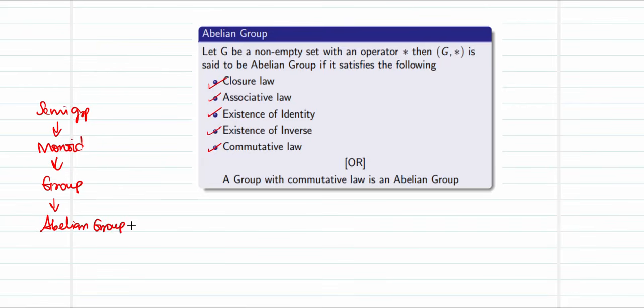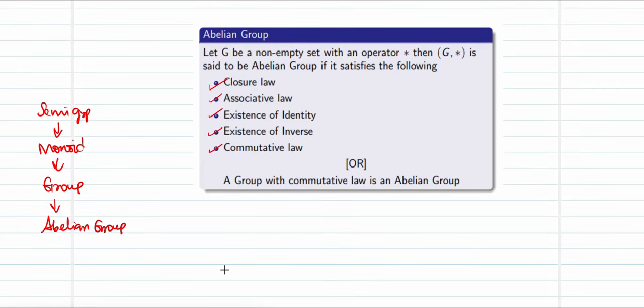So this is how we see that the properties are getting added up to build a particular property, which we will be applying to non-empty sets to test for their existence. I hope this introductory video on the concepts of semigroup, monoid, group and abelian group has made clear the laws that hold true for them and how they can be applied.